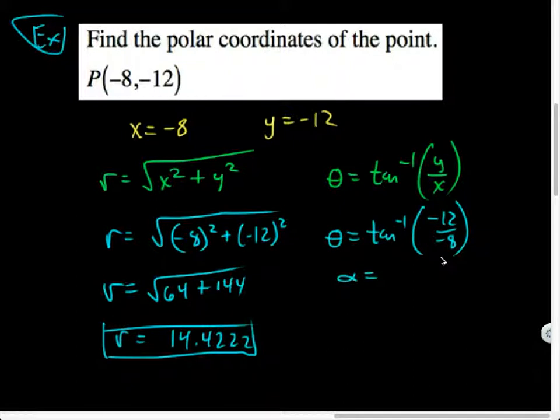If I type tan inverse in my calculator and do 12 over 8, because the minus signs cancel out. Am I on radians? I am. Do you guys want degrees? Let me just do degrees just to not scare you. This is 56.3099 degrees.